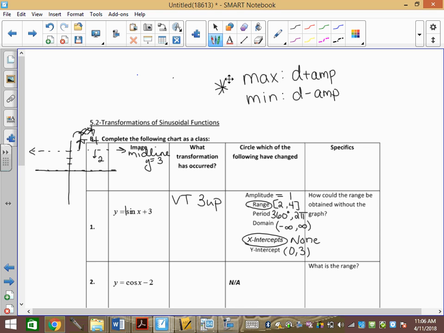Now, why do you need to remember this? Okay, I give you the equation: y equals smiley face, sine, sad face, x minus balloon, plus heart. I did this for the other class. What's my range?